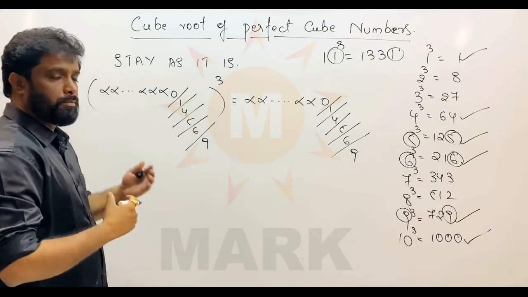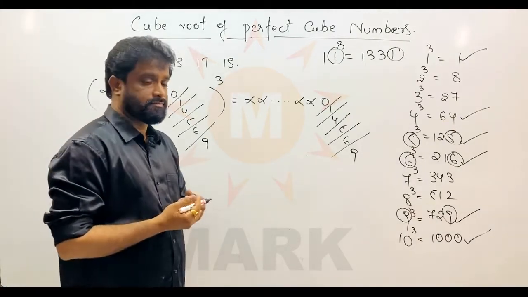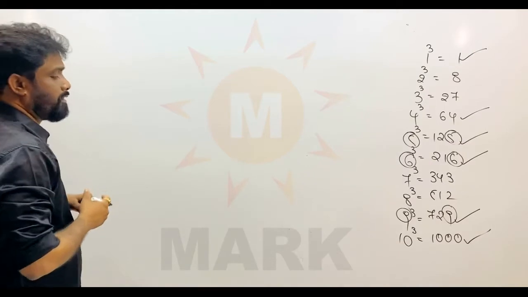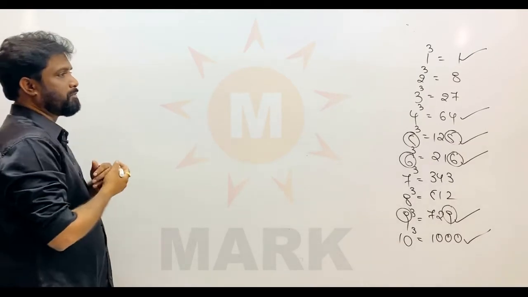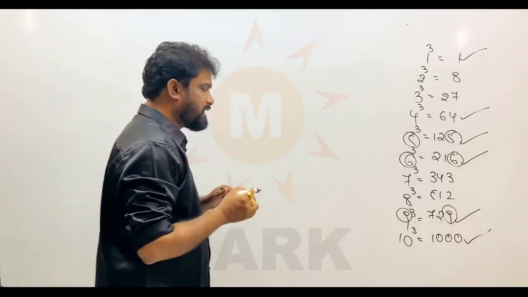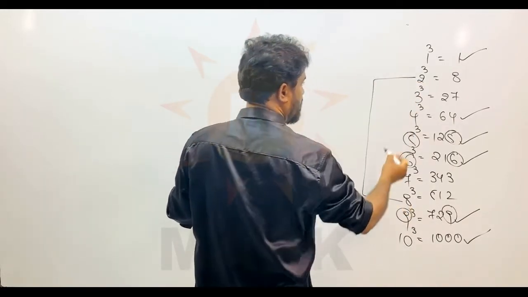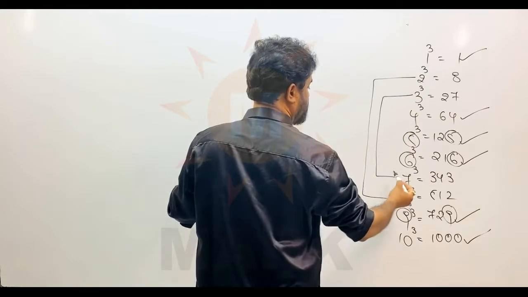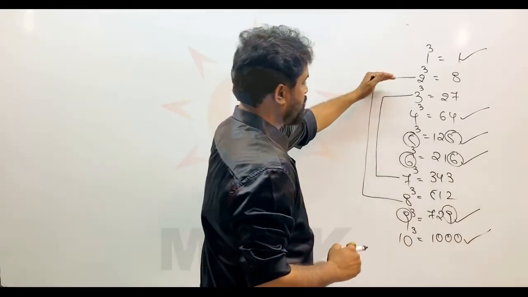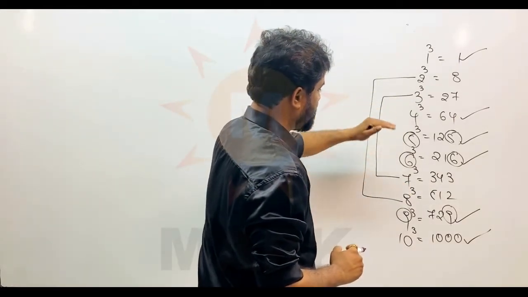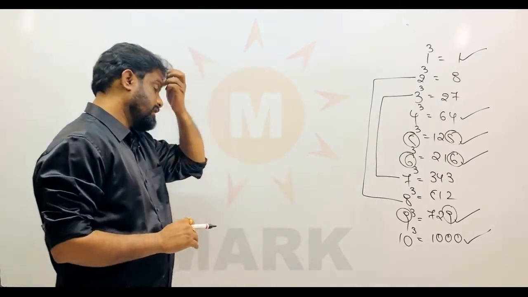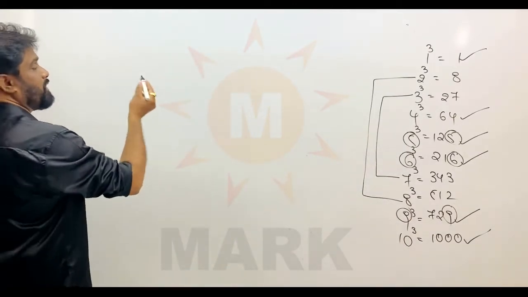Now one more property is there that you should understand. That is, friends, the second point. There is a beautiful relationship between 2 and 8, and then between 3 and 7. The relationship between 2 and 8 is something like this.